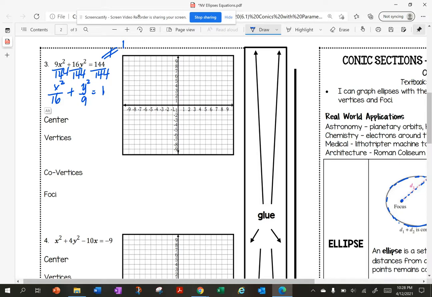So I know my a squared is 16, so a is 4. b squared is 9, so b equals 3. My center is at the origin, 0, 0. Since my larger number is under the x, I know I have a horizontal ellipse.